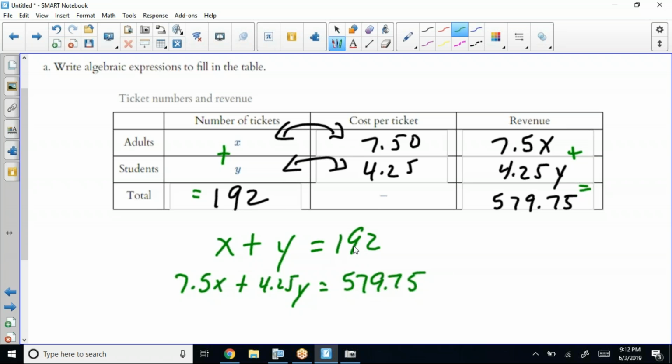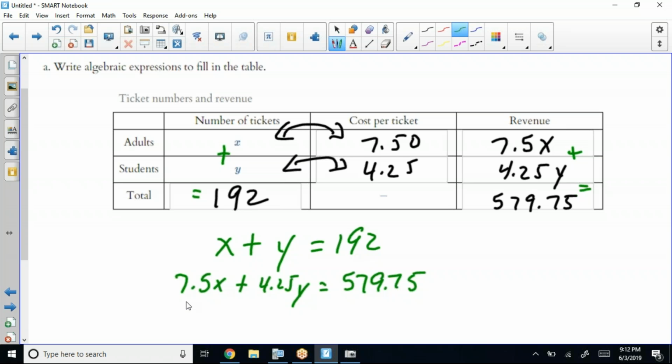The x plus y equals 192. We call that a how many or total. I got 192 tickets total. What are they comprised of? They're comprised of adult and child. So x plus y equals 192. And then the second equation is what we deem a value type equation.